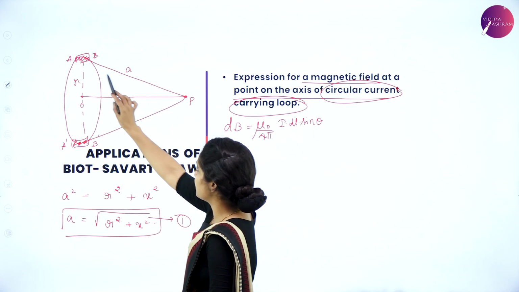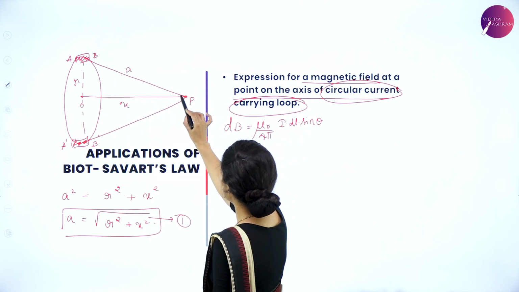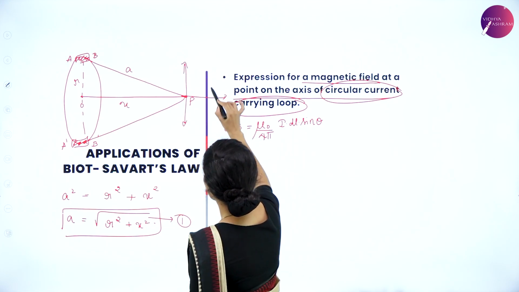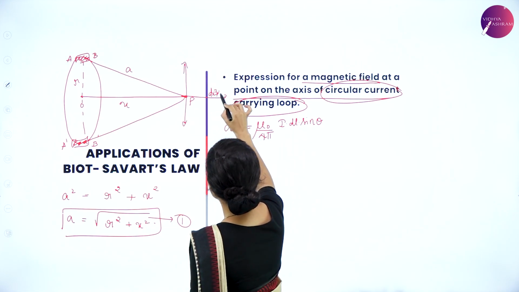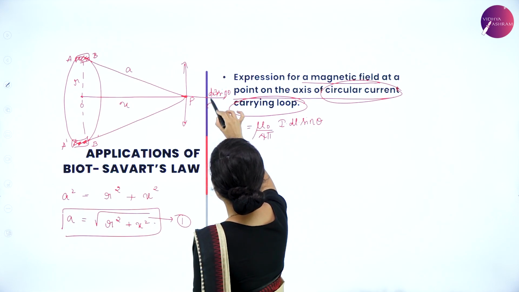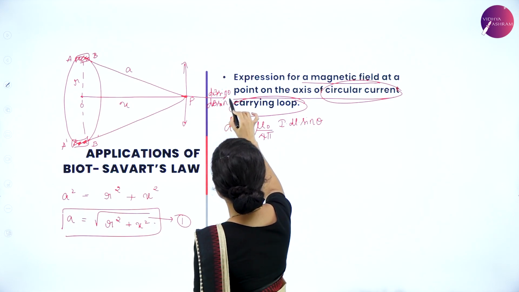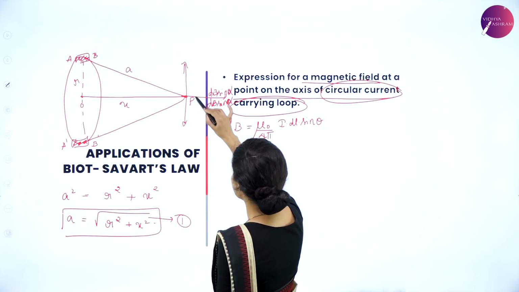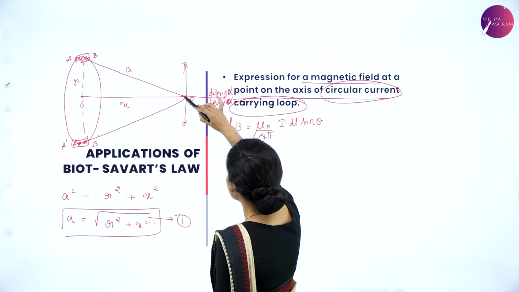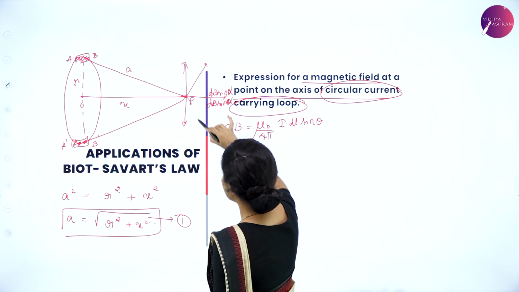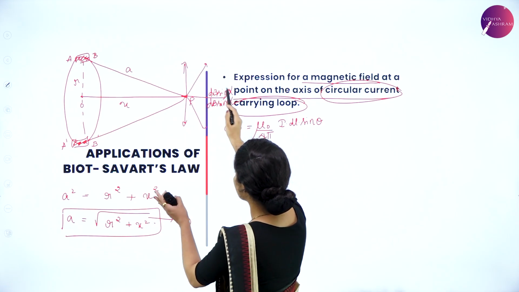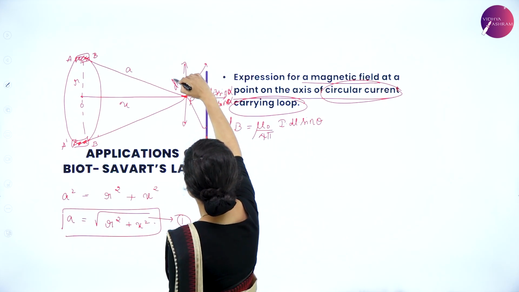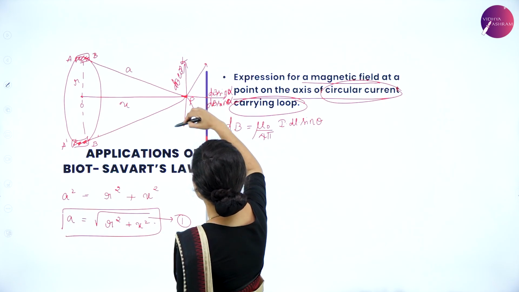Whenever the resultant vector acts in this manner, we have two components, dB sine theta and dB sine theta. Theta turns out to be alpha here, because the resultant vector, when resolved into two components, gives dB sine alpha as well as cos alpha.